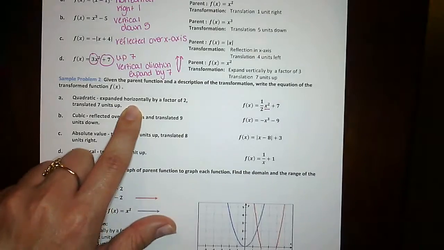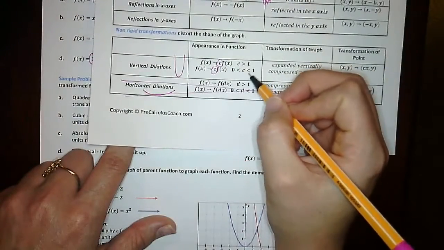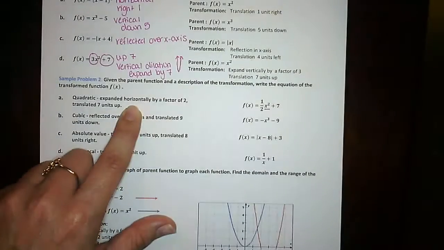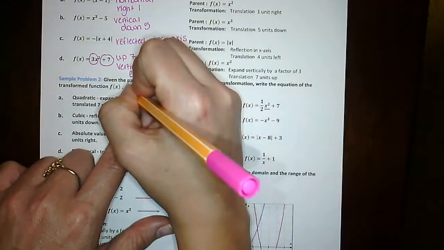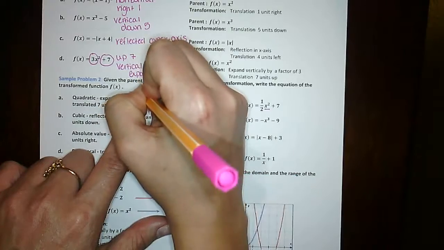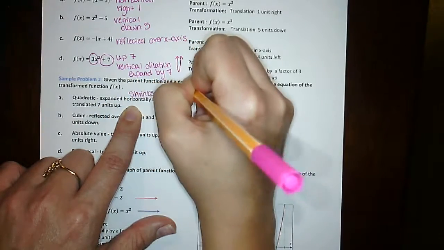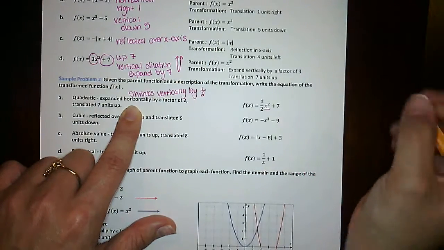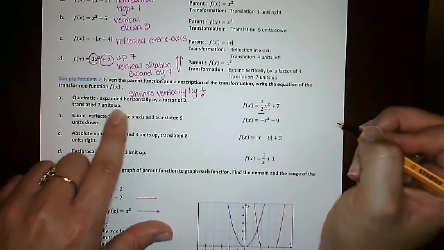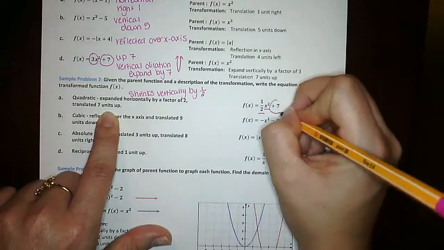And to shrink vertically, it's got to be less than 1. So it expands horizontally by a factor of 2, or you could say shrinks vertically by 1/2. So that's what this piece does. And then it's translated 7 units up. Remember, up and down is always at the end.